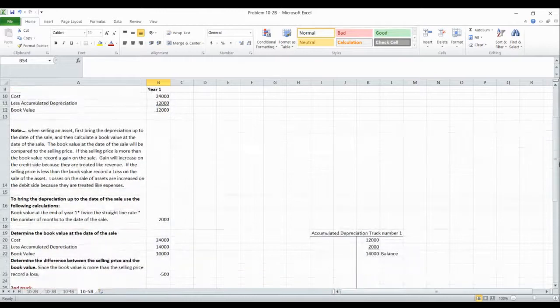And then you have to remember to multiply it by the number of months to the date of sale. Once you do that, that will give you $2,000. You might see that in the formula that I've got for you up at the top of the screen.